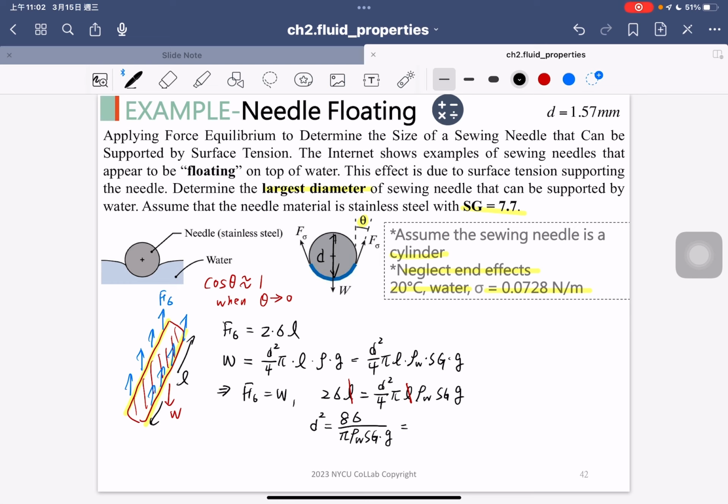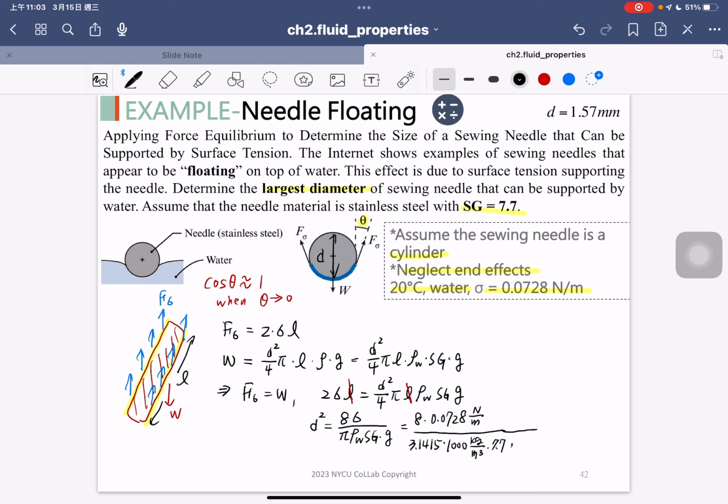So you can put all the values you know into the equation. The surface tension is 0.078 Newton per meter. For pi, I use 3.1415. For the density, I use water at 1,000 kilogram per meter cubed. The SG is dimensionless, so it's 7.7.